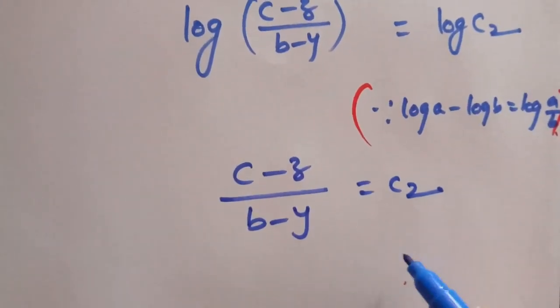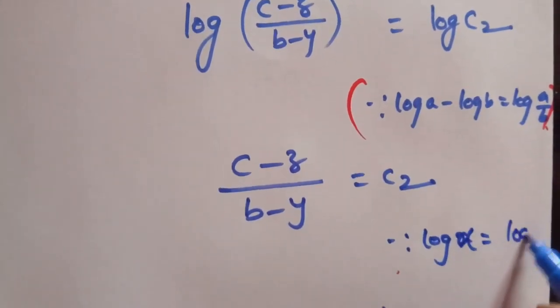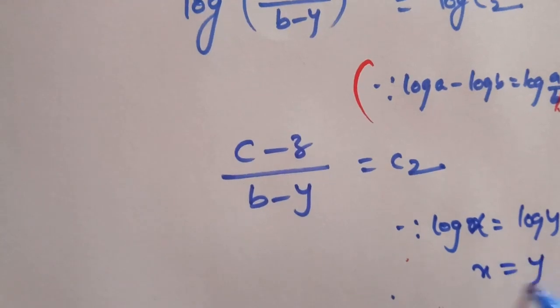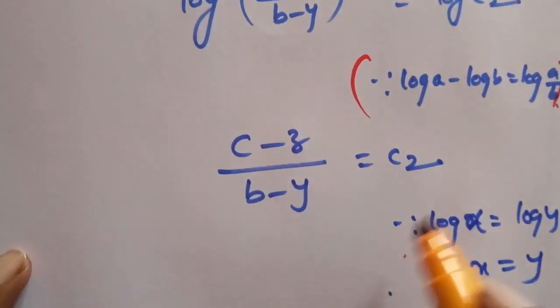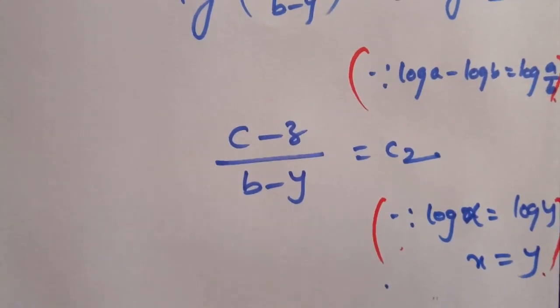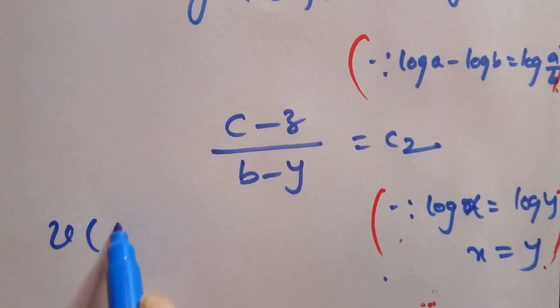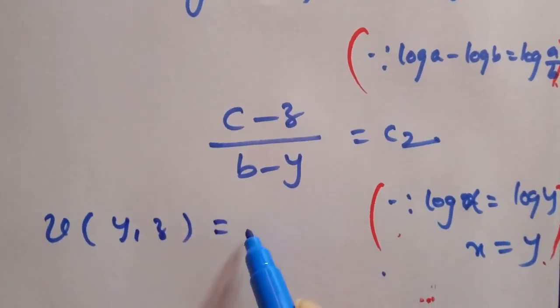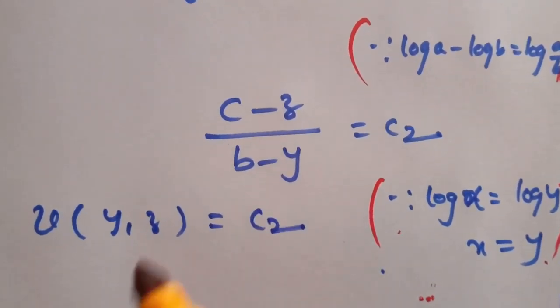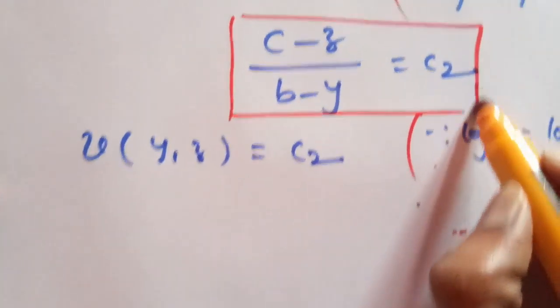Here we used the formula log x is equal to log y means x is equal to y, basic formula. Therefore, v of y comma z is equal to c2. This is the another independent solution.